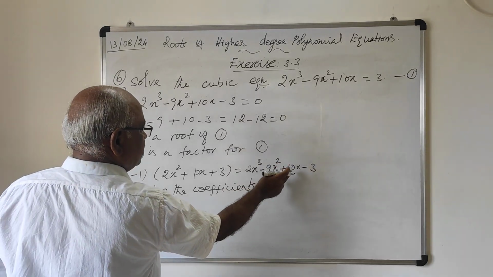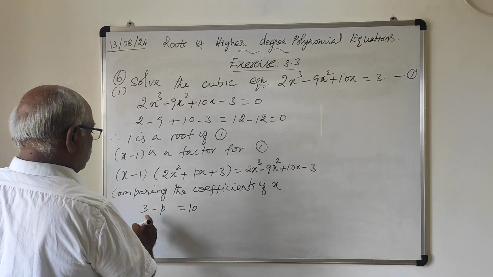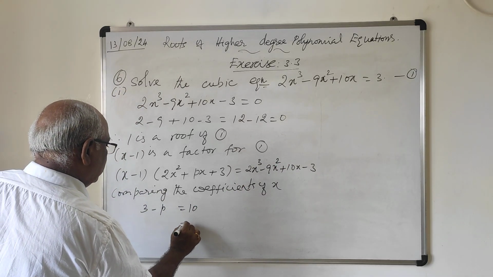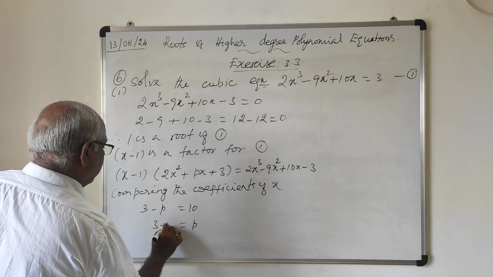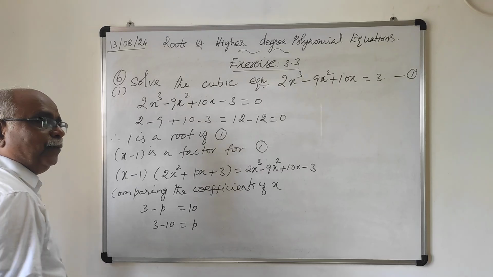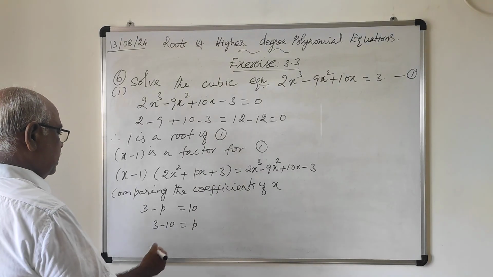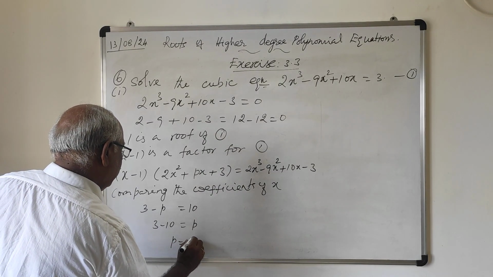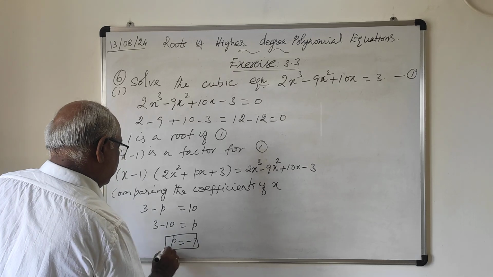On the right hand side it is 10. So 3 minus p equals 10, which gives p equal to 3 minus 10. Therefore p equal to minus 7.